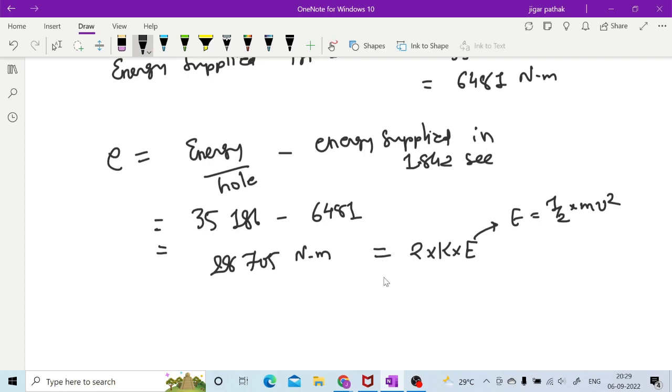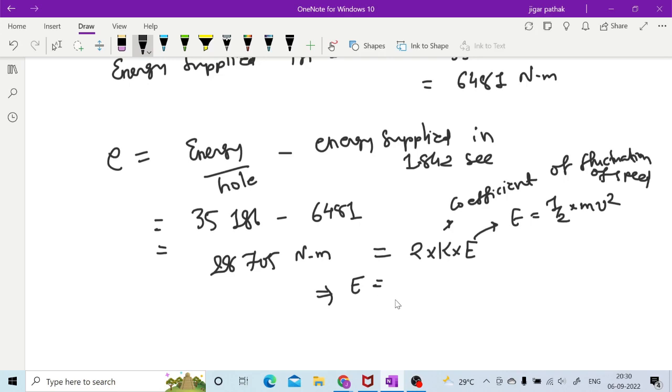Now this k is your coefficient of fluctuation of speed. Once you simplify, you will calculate E, because the coefficient of fluctuation is given.